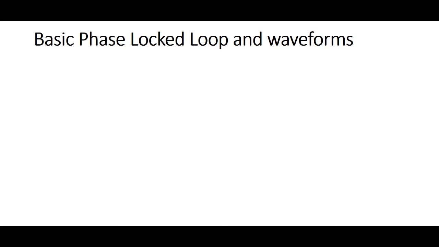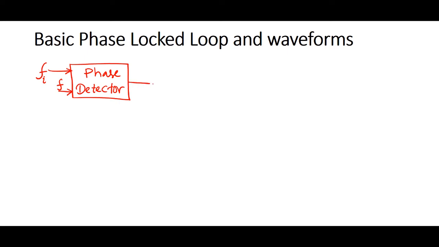I am drawing the circuit of the basic phase locked loop. The input block is the basic phase detector. It takes two frequencies as input, one reference frequency F(i) and another output frequency F. It compares the phase of these two incoming signals and gives output signal E, which is input to loop filter.